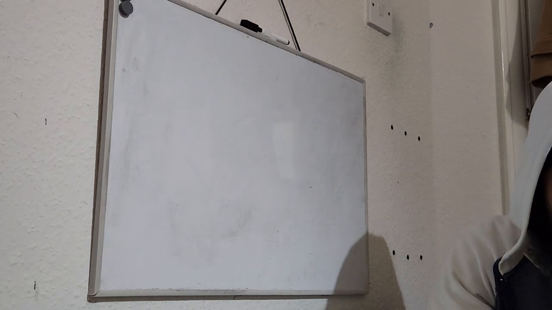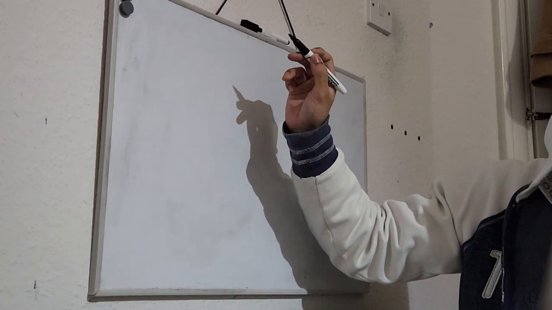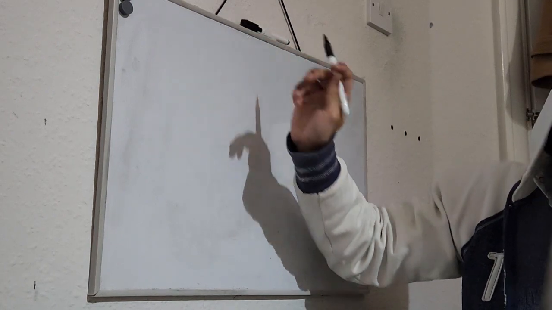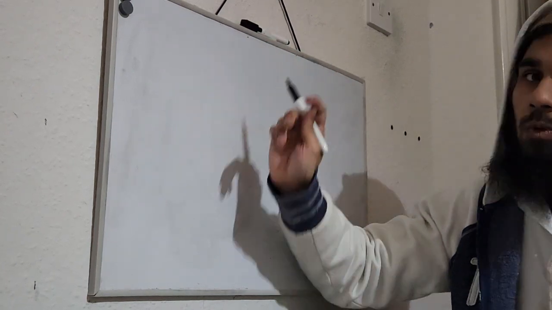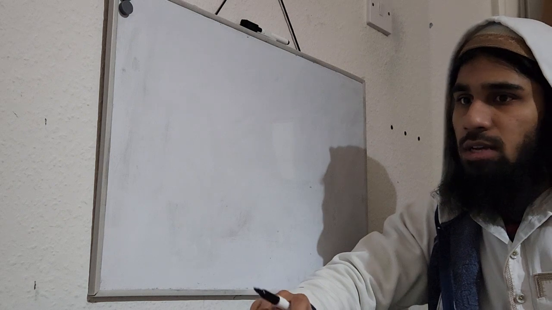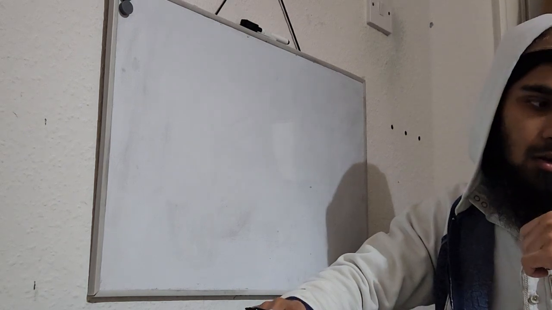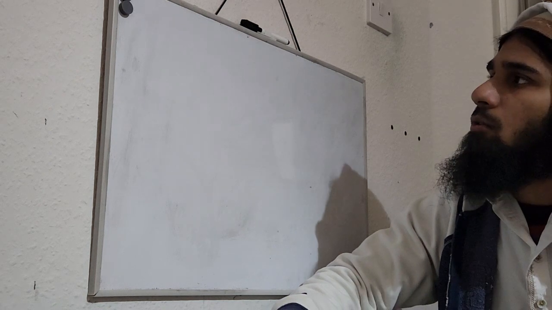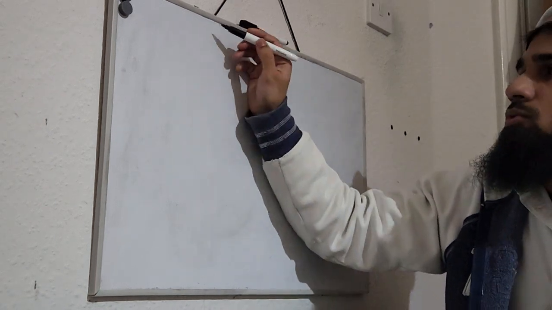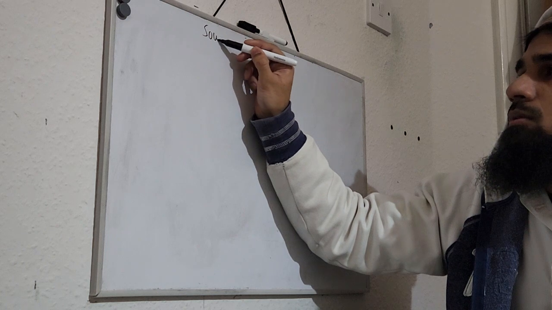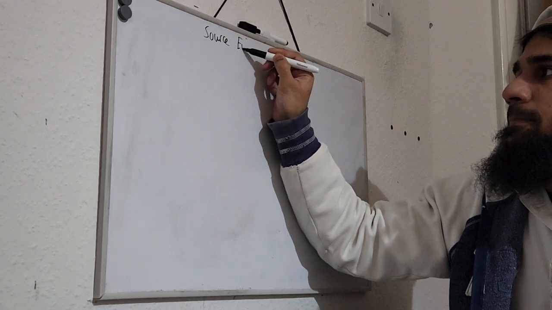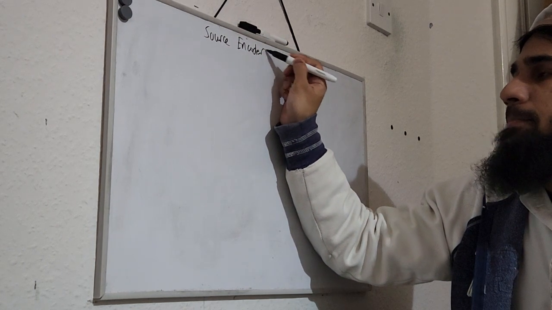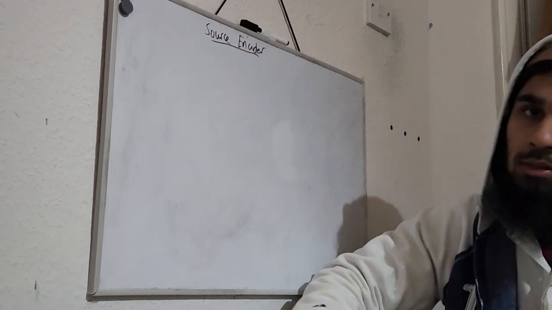So let's look at the source encoder. When information goes through, first it needs to be turned into bits. So that's the job of the source encoder.